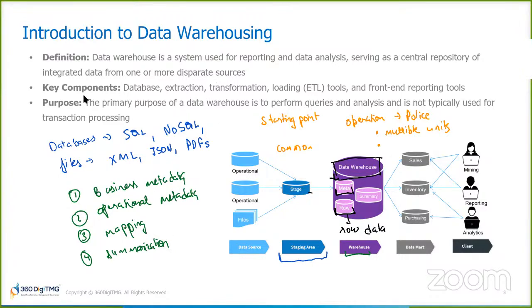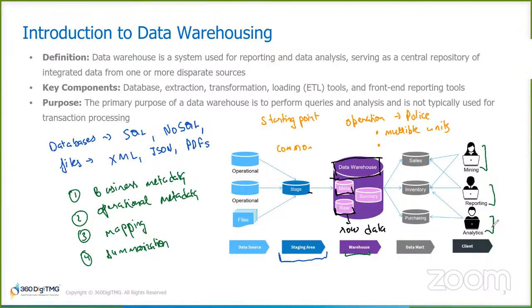As such, we have three separate teams. We have a team handling data mining, we have data reporting, and we have data analytics. We are calling them the client, because the client is anybody who is using our data. They may not be from an external data source, not always.